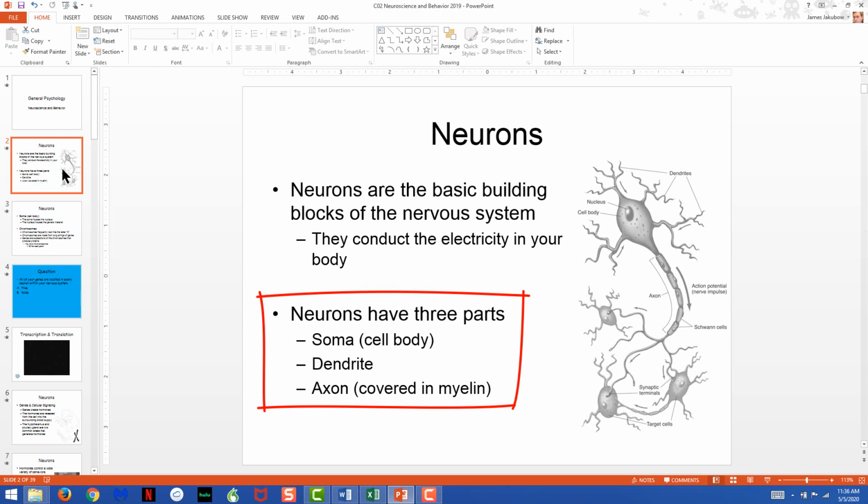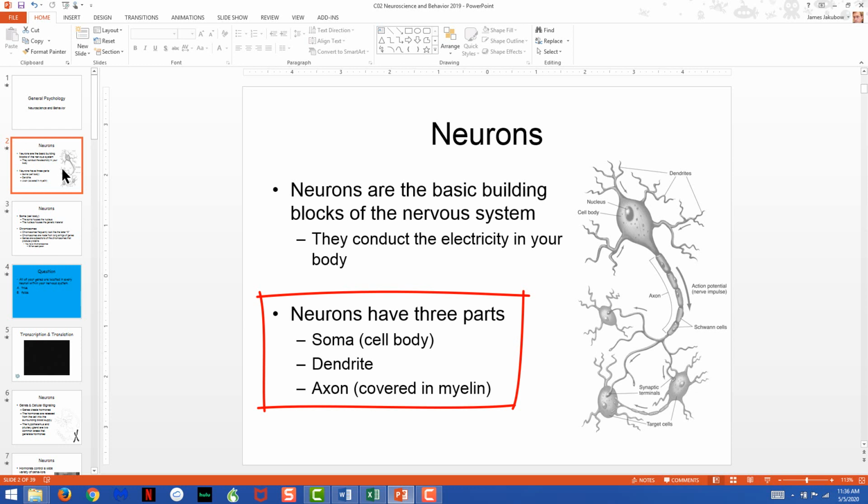Now, it's true that the structure of the cell itself may look a little bit different in different locations of your body and depending upon the specific function of the cell. Those are issues that we don't need to be concerned with in a general psychology class.